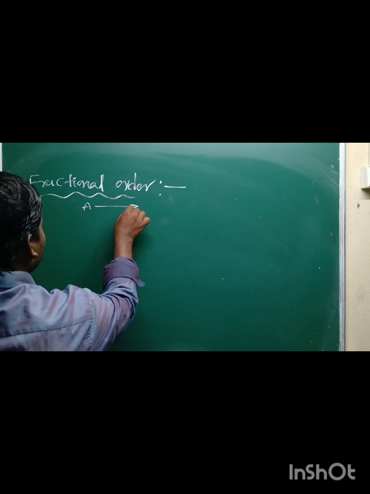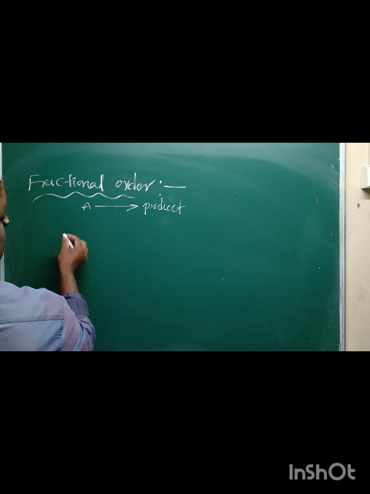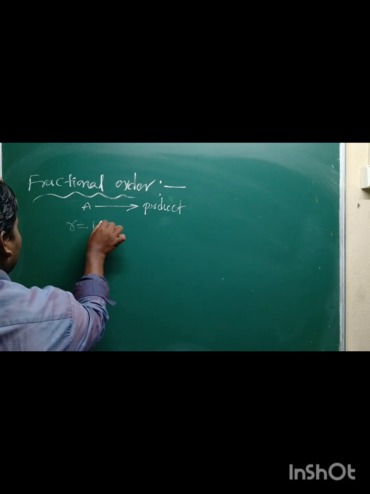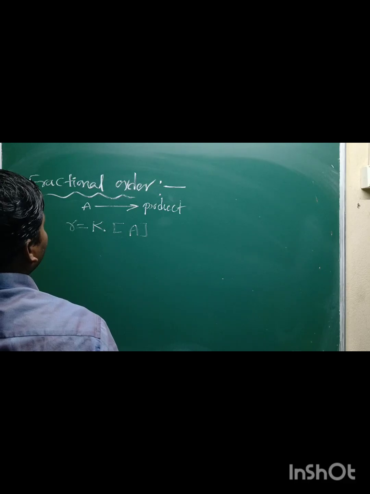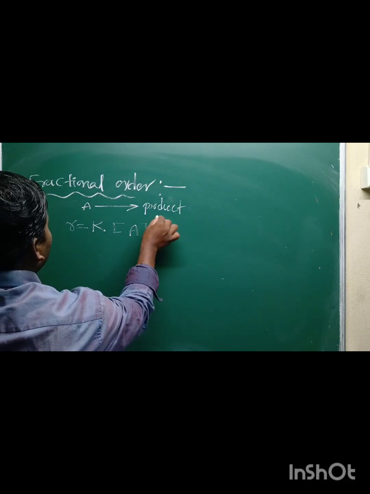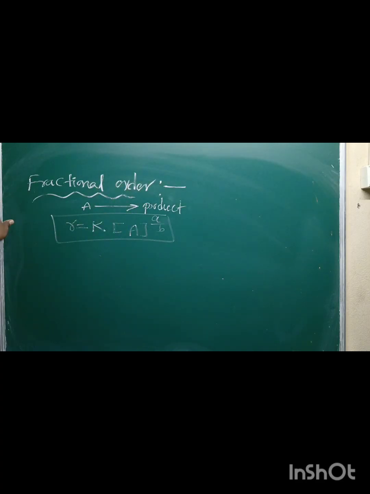A gives rise to product. The rate of reaction is directly proportional to the concentration of A raised to some fractional power. This is called fractional order.